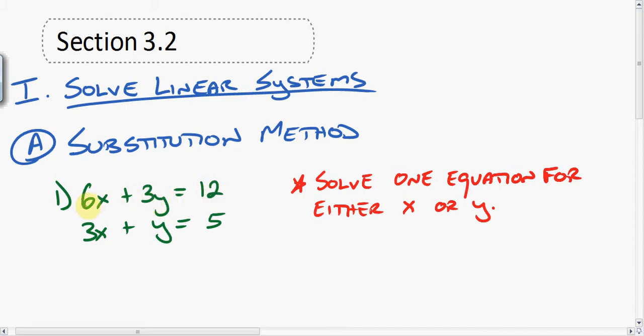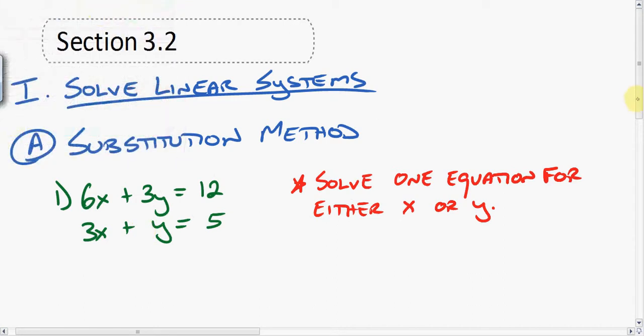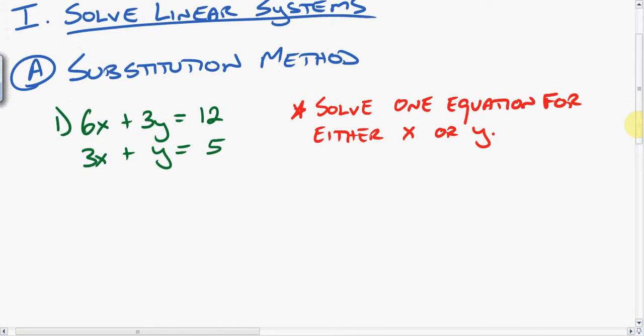Could work, but it's a little bit more work than the second problem. Here we see a coefficient of 3, coefficient of 1. If you can find an equation with a coefficient of 1, that is going to be the easiest variable to solve for. That's just a suggestion. It doesn't really matter which equation you solve for y or x. It should work if you do the algebra properly. But we're going to take the easiest route.